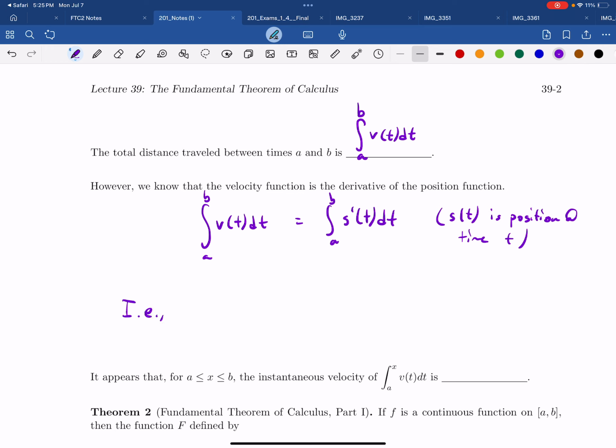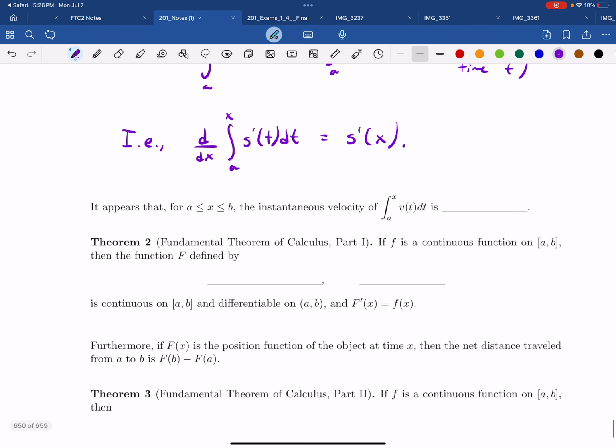What this really means is that if we take the derivative with respect to x of the integral from a to x of s prime of t dt, this is going to equal s prime of x. Okay? So what this means is that the instantaneous velocity is v of x.